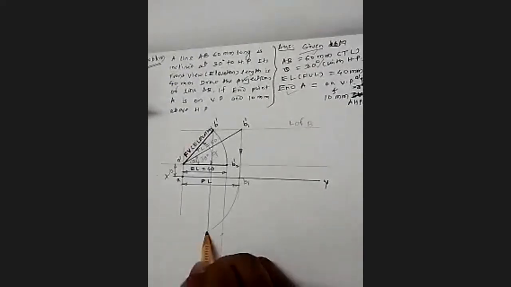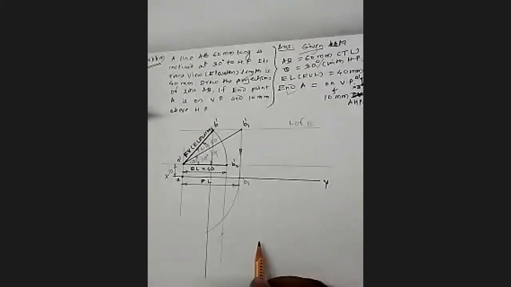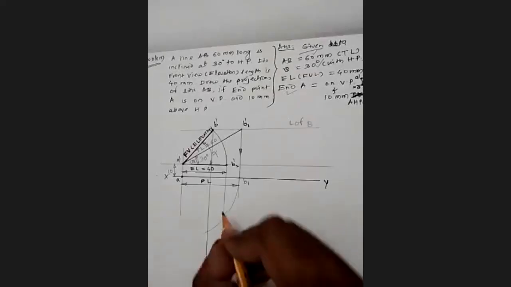So obviously both points will be appearing on the same projector. Remember, if you do it taking the lines very perpendicular and horizontal, then both the points will be appearing on the same projector, just like the locus of B, right? Understood? This is one thing.